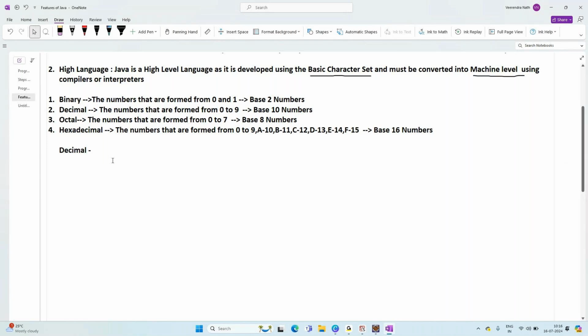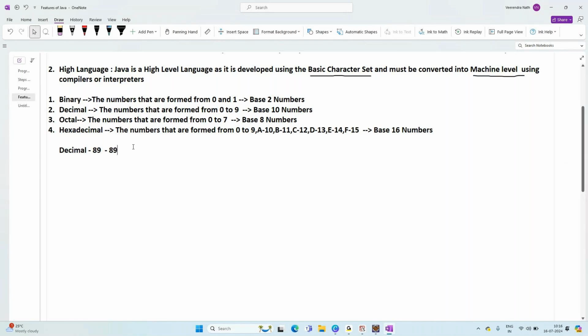Suppose we are taking something like 89. What is 89? 89 is a decimal number. So how can we call it?